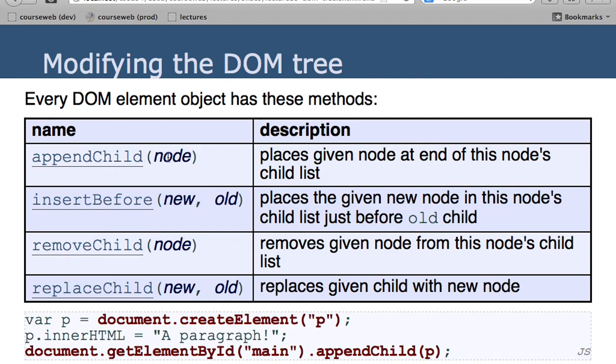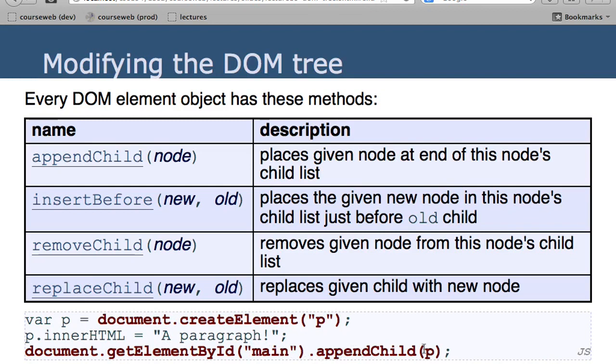So as an example of appendChild, let me refresh this page here. I know that if I click on this slide, it's going to do something. In this case, we're creating a new paragraph. We're setting the text inside of it to be "a paragraph". And then we're saying getElementById main, so get the DOM object whose ID is main.